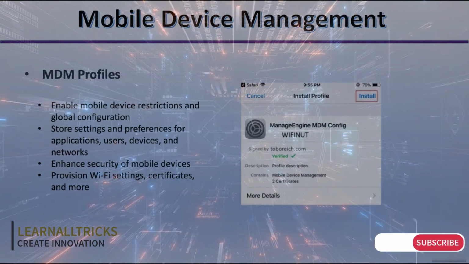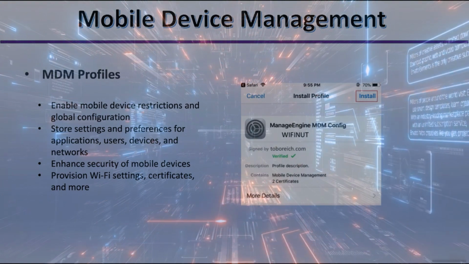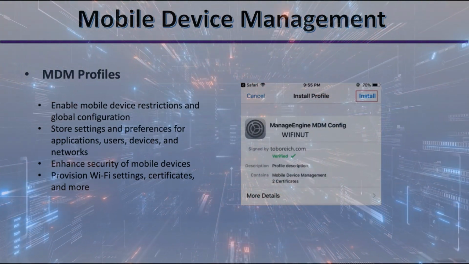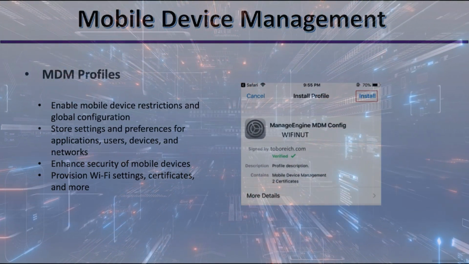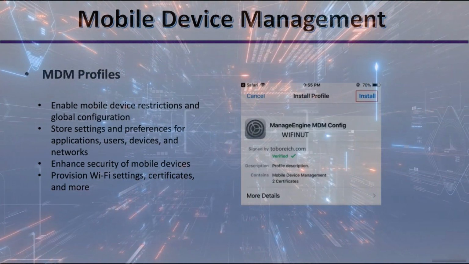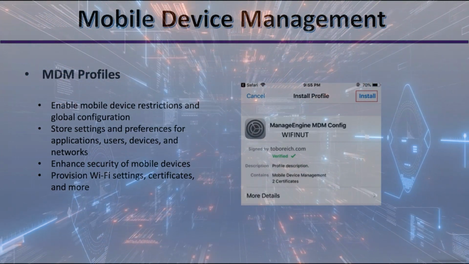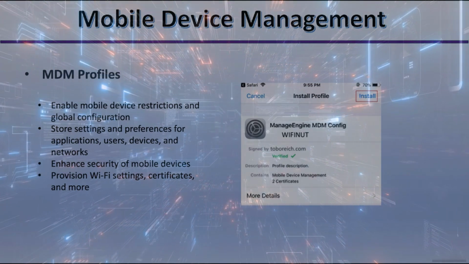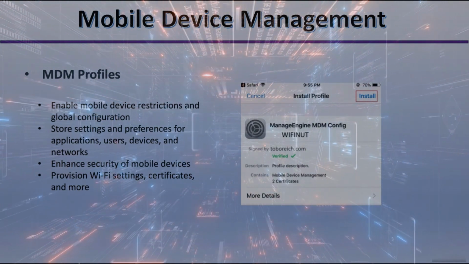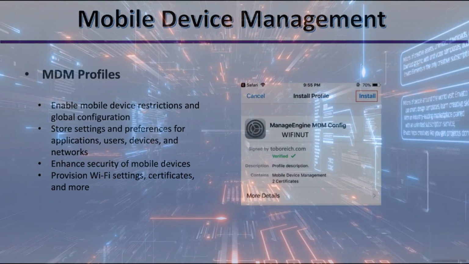Additionally, MDM profiles can include web clips, which act as shortcuts to specific URLs conveniently accessible from the device's desktop screen. For example, a company-issued device may be provisioned with a web clip leading to the internal intranet.